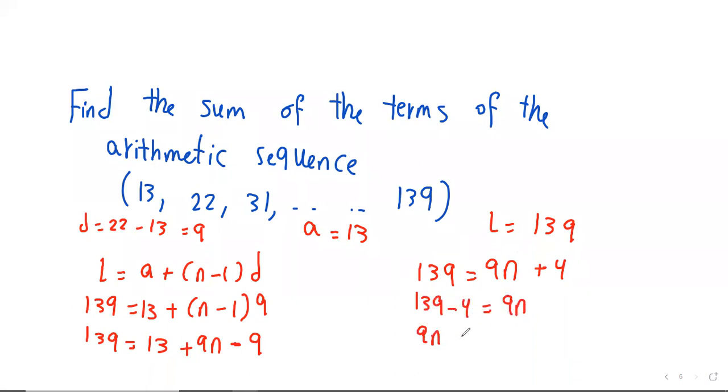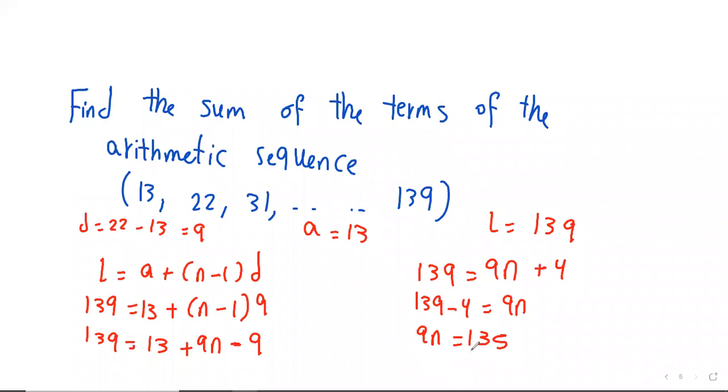So 9n equals 135, divided by 9. So n equals 135 divided by 9, which equals 15.